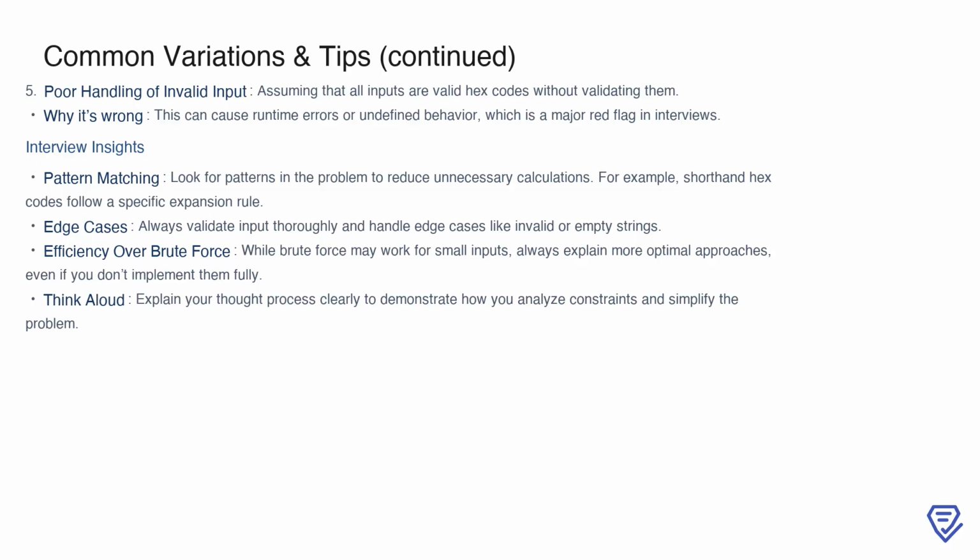Efficiency is another key point. While brute force solutions might be acceptable for small input sizes, you should aim to propose more optimal methods, even if you don't implement them fully. Finally, remember to think aloud during interviews. Clearly explaining your thought process can help demonstrate your ability to analyze constraints, simplify the problem, and arrive at effective solutions.